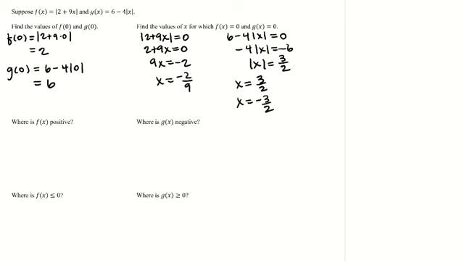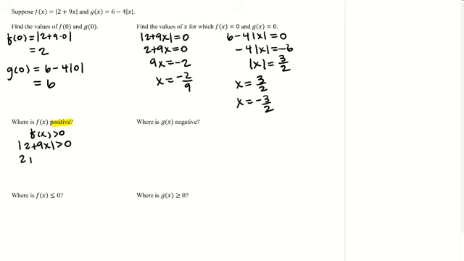Where is f of x positive? Okay, when we say positive, what we mean is greater than 0. So f of x is greater than 0. So I've got the absolute value of 2 plus 9x is greater than 0. Okay, the absolute value of a number is always positive as long as it's not 0.